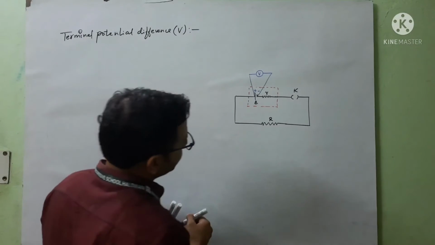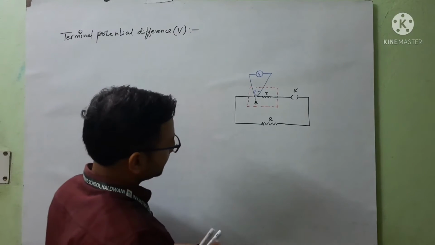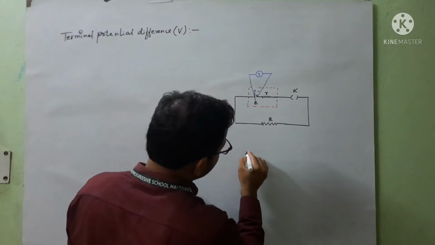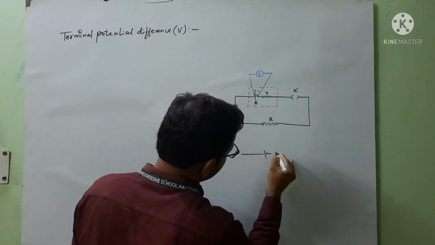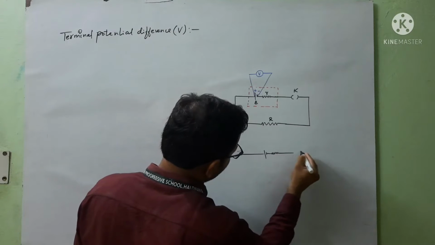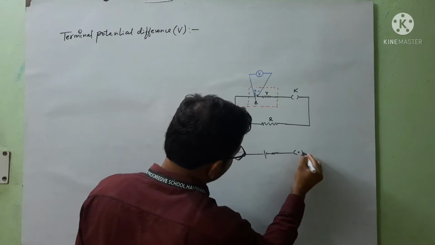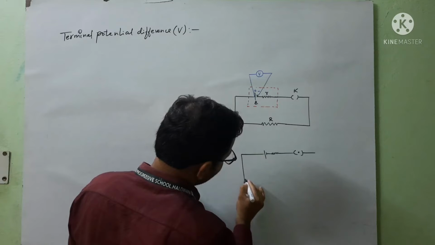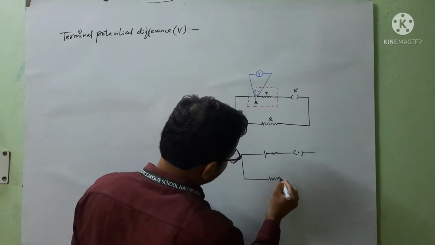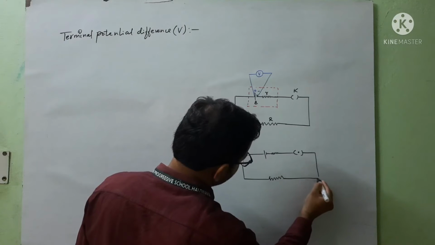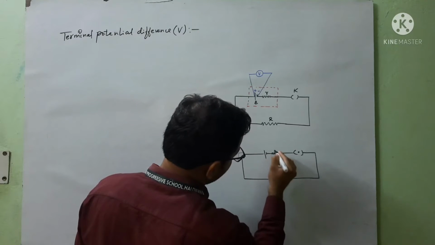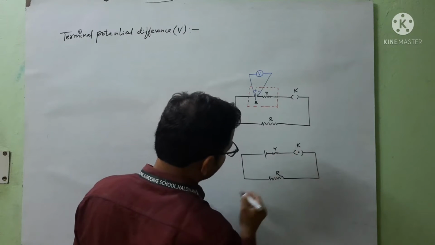So in the second diagram, the same I will draw, where the circuit is closed. Remaining all things are the same, but here the change is the circuit is closed. Now this time we will see what happens in this condition. This is R, small r, K is closed.